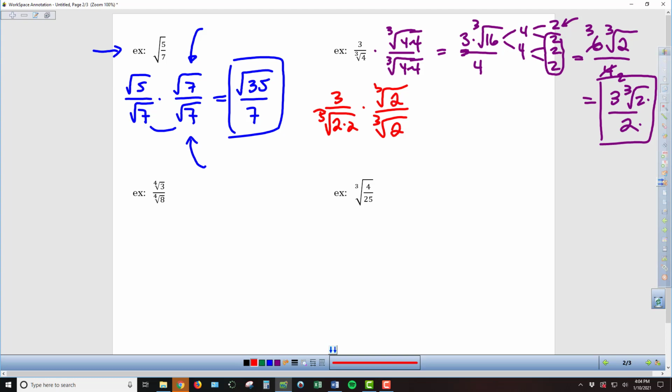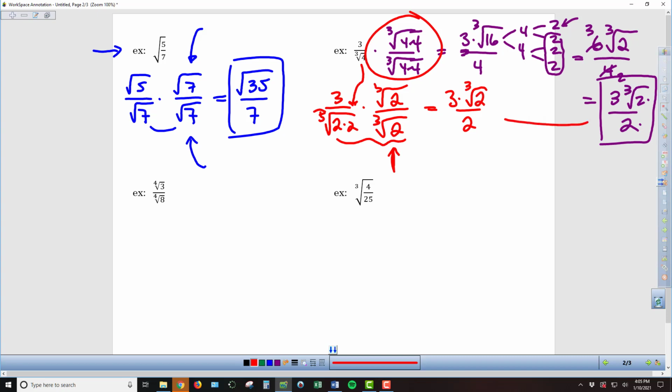So by factor treeing the 4 into 2 times 2, instead of needing to multiply by the cube root of 4 times 4 like we did here, I'm just multiplying the top and bottom by 1 more 2, the cube root of 2. And so what that does is, in the bottom, I have a set of 3 2's underneath the cube root symbol, so that's going to come out as a 2. And then in the numerator, I just have 3 times the cube root of 2.